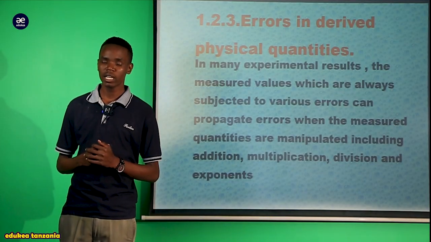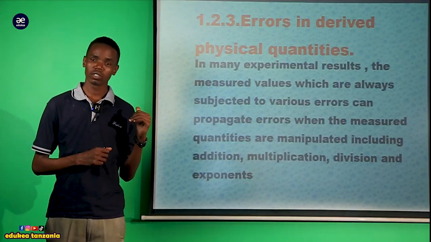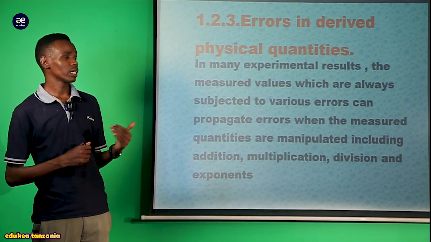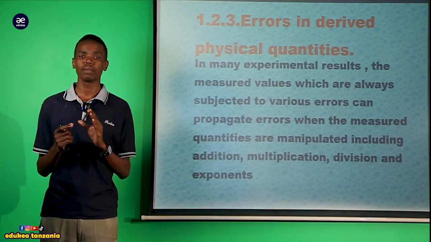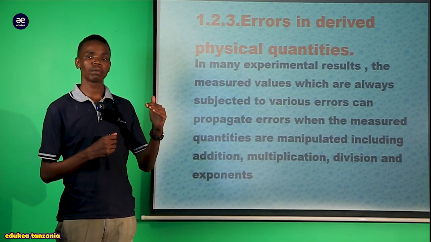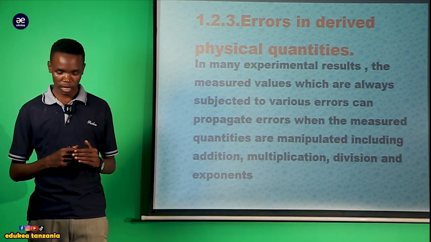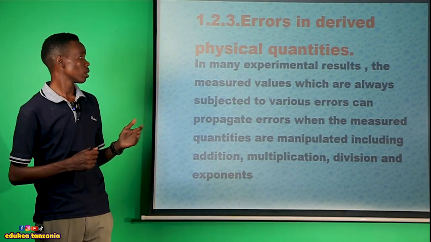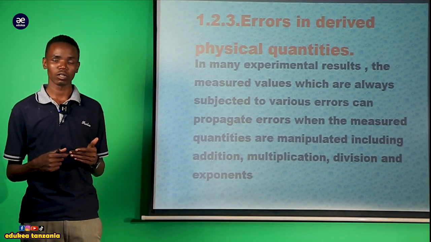We have many derived physical quantities, as we have seen in past sessions. A derived physical quantity is a quantity that can be derived from other quantities. It depends on the presence of the fundamental quantities. Today we are going to see how error can occur in derived quantities.